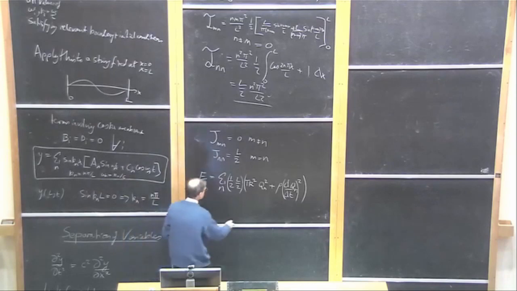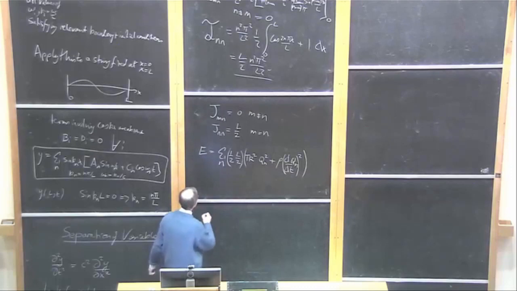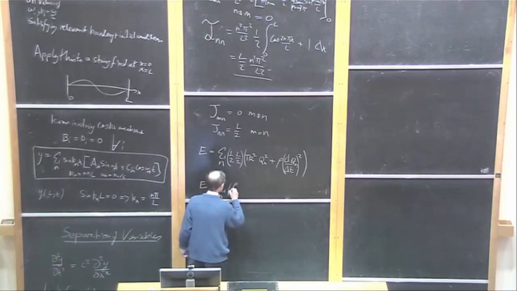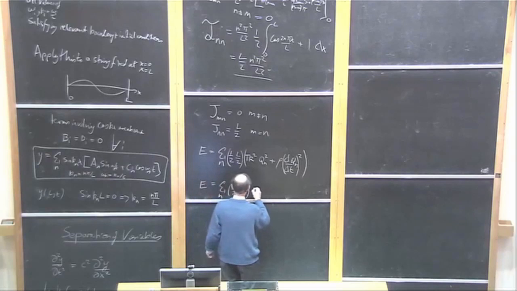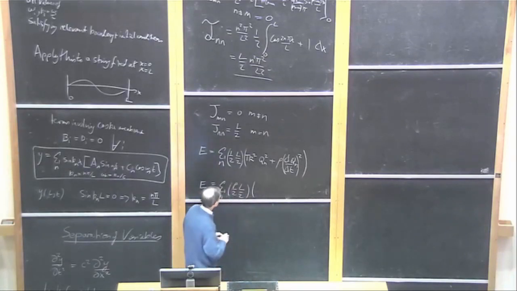Right, so if I were to factor out, for example, a rho, I could write that in the form sigma over n, rho over 2, L over 2. So they could in fact come out of the summation altogether.